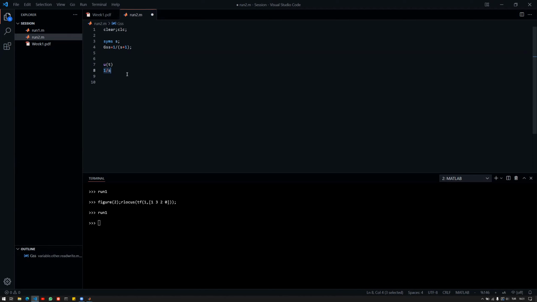Now, there is a relation between the Laplace transform and the Fourier transform, and it's really simple. If you look at the transform integrals, you will see that if you plug in s equals j omega, the Laplace transform becomes the Fourier transform. Therefore, if we plug in s equals j omega in our transfer function, it basically becomes a frequency domain representation, in the Fourier transform.